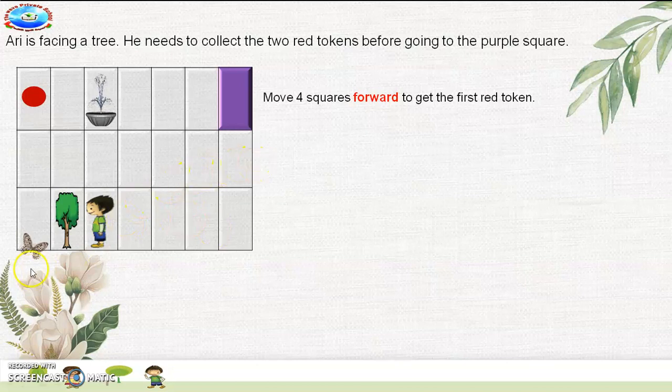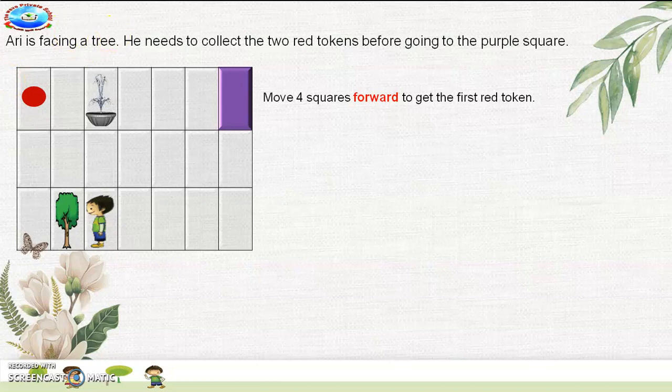So he collected the first red token and he reached here. Next he needs to collect the other red token. After that he needs to go to the purple square. Now from this position there are different paths to go to the next red token.